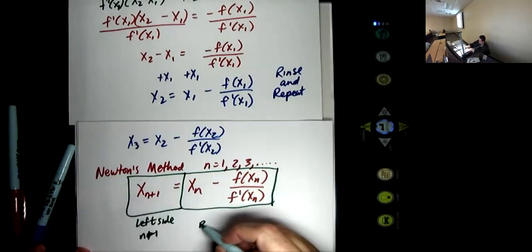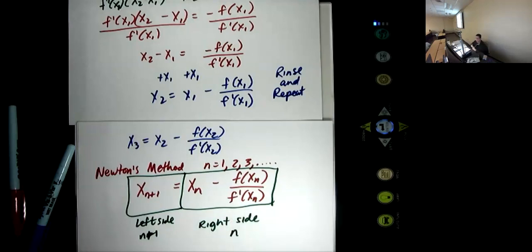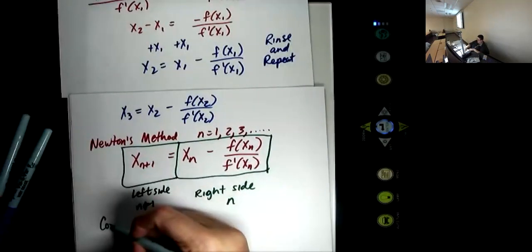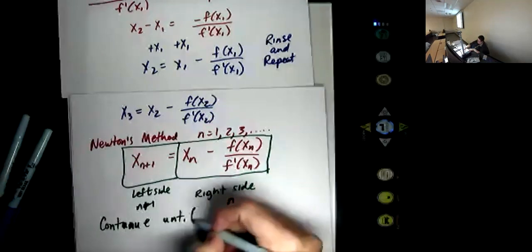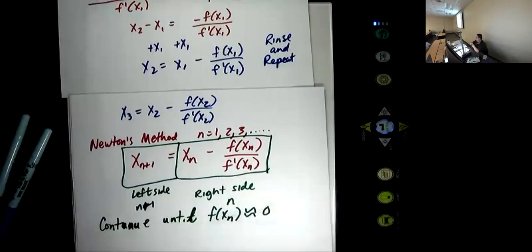The right side is only n. So you can find the next step based entirely on the previous step. And you keep going. Continue until f of x sub n is approximately 0, or close enough to 0 that you're comfortable with it being the root, within some margin of error.